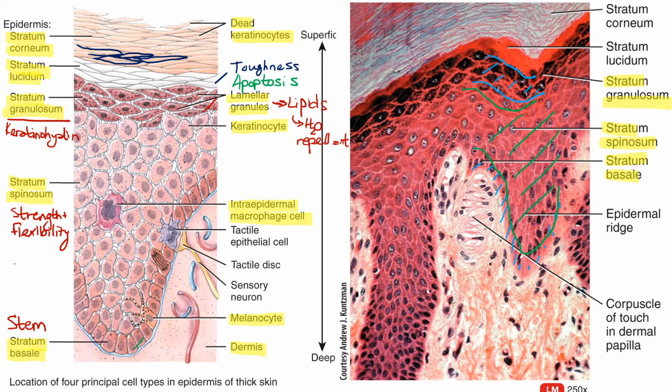And there we have the stratum lucidum here, which is a clear layer, but here it is coming up just red from the stain of this particular microscope picture. And then the stratum corneum up top here, with these really flattened, dead, very thin keratinocytes. Okay.